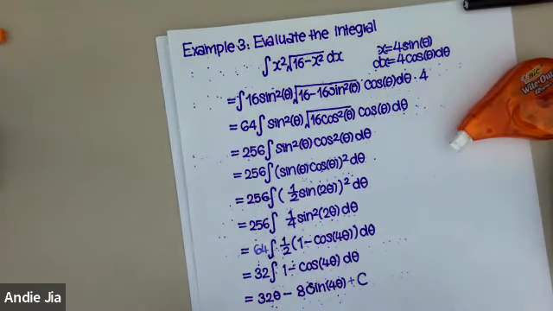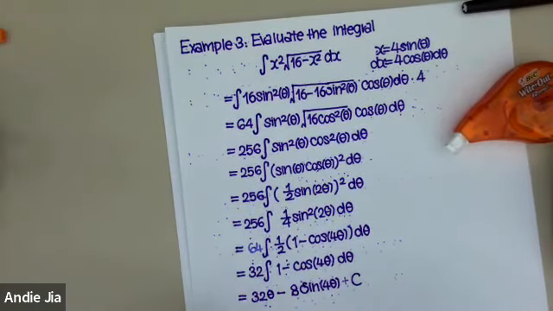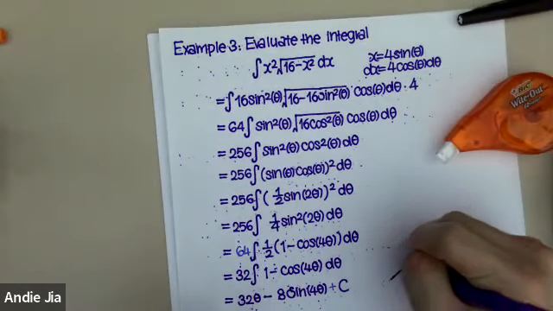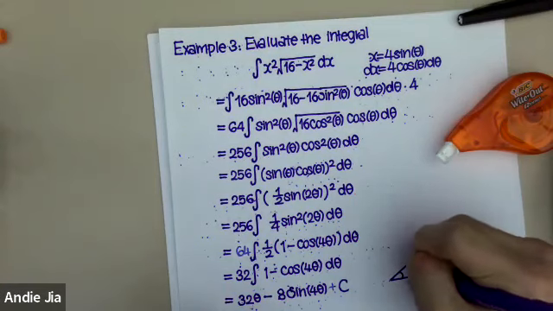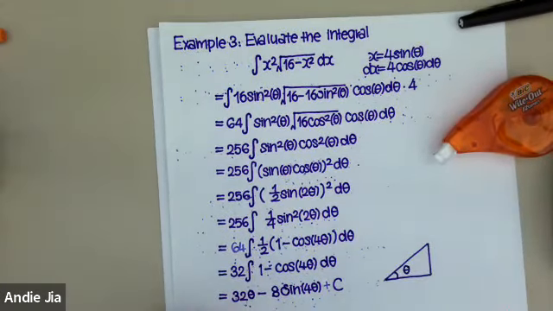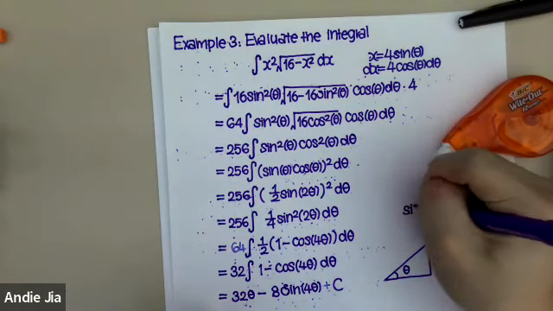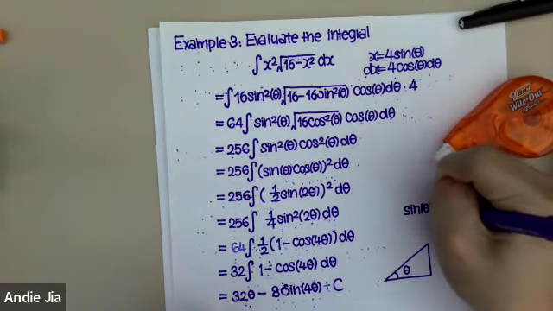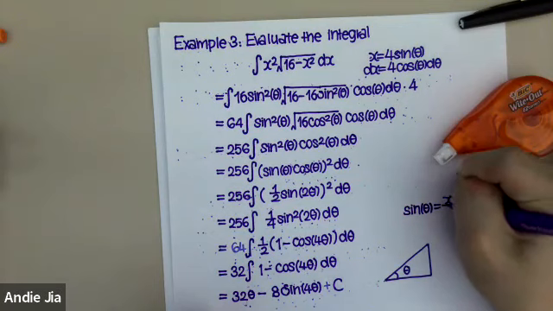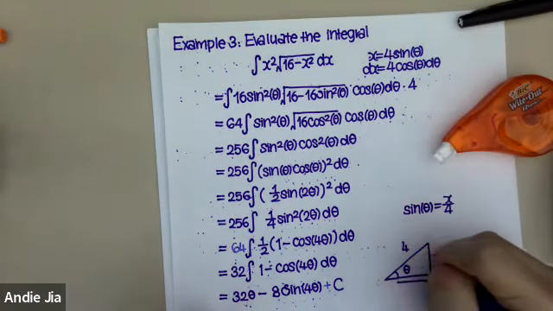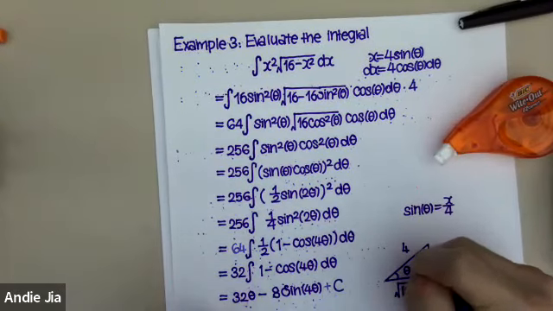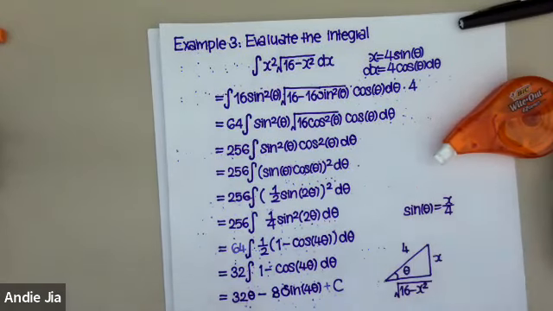Then draw a graph. You can't just leave it here, right? So here's the triangle. Sine of theta is x over 4, so the hypotenuse is 4, and this is going to be the square root of 16 minus x squared.